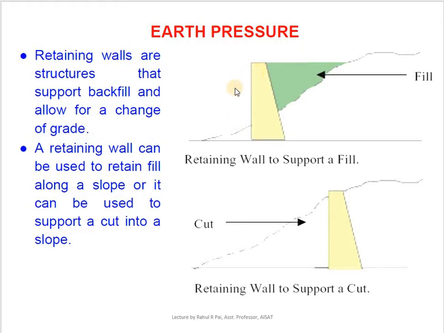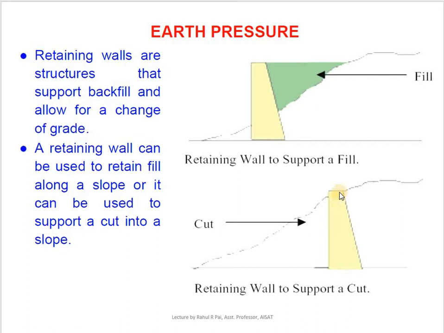But if you don't have sufficient space to have a reasonably flat slope, then the space is restricted. In that case you construct a retaining wall just to retain that fill.